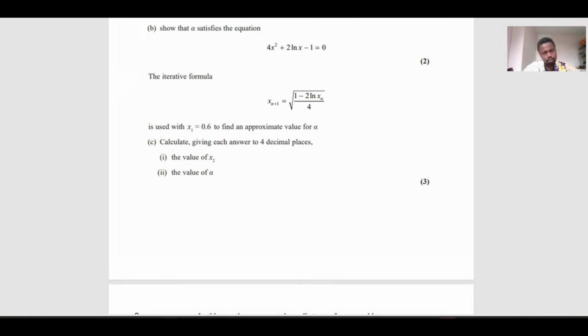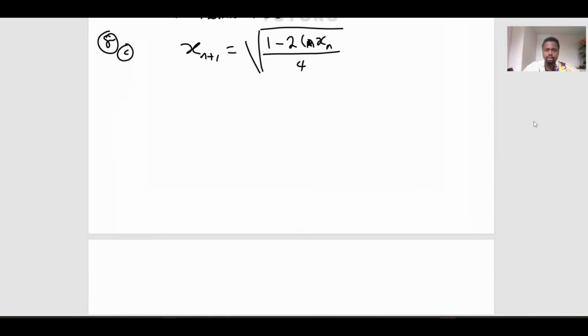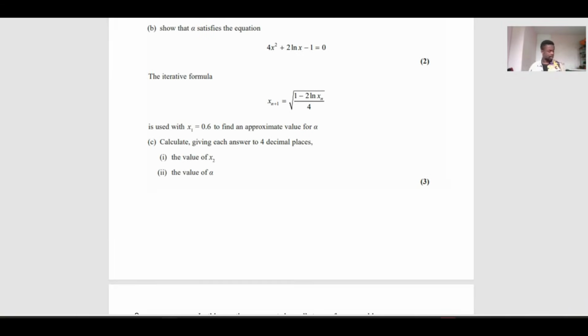All right. So we have x1 is 0.6. Here you will need your calculator. I've done the values here, so I'll just use the values that I've gotten. It says calculate x2, giving your answer to 4 decimal places.